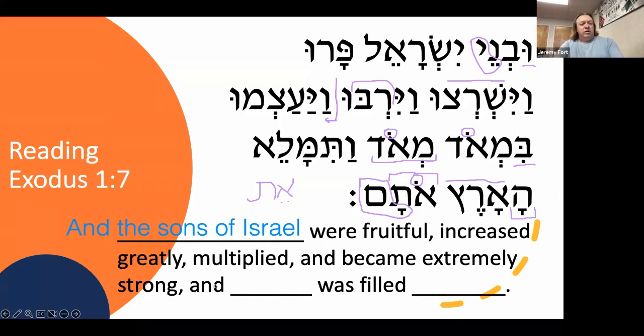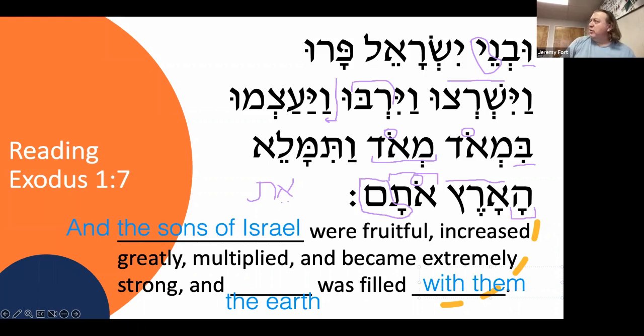So we know these words really quick. We'll fill it in. And I think we'll give this one to Steve, even though she read it. The earth, right, was filled. And the suffix is the third masculine plural pronominal suffix, which would mean there, or in this case, was filled with them.